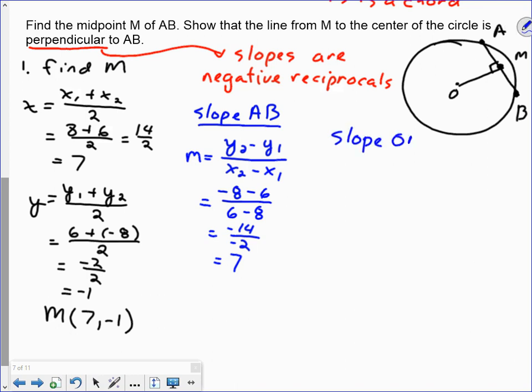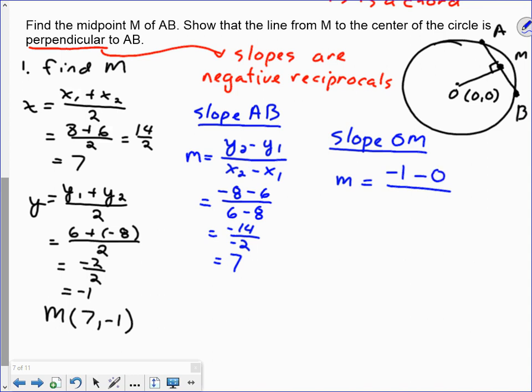Slope of OM. Okay. This point O here is at the origin. It's the center of our circle, which is at 0, 0, because our equation is just x squared plus y squared equals r squared. So our slope is going to be y2 minus y1. So we need the y value from our midpoint, which is negative 1, minus 0.